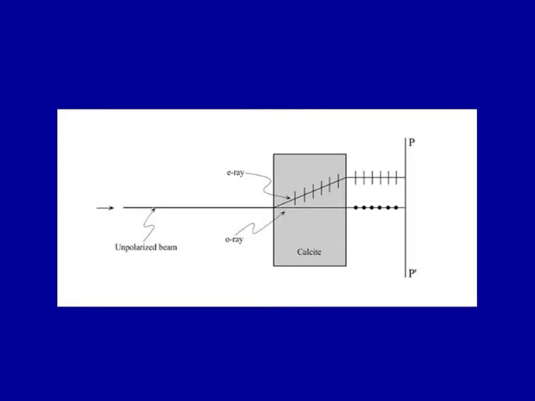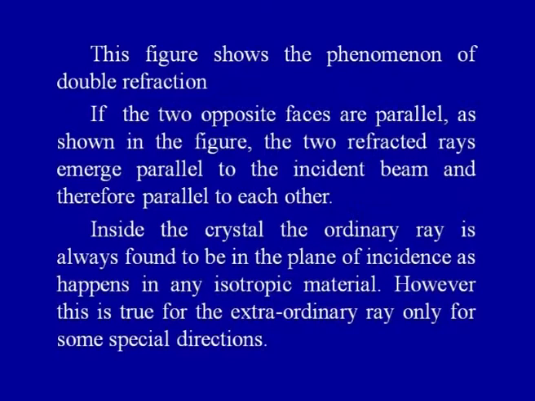One is called the ordinary, the other is called the extraordinary. If the two opposite faces of this crystal are parallel, as shown in the figure, the two refracted rays emerge parallel to the incident beam and therefore parallel to each other.